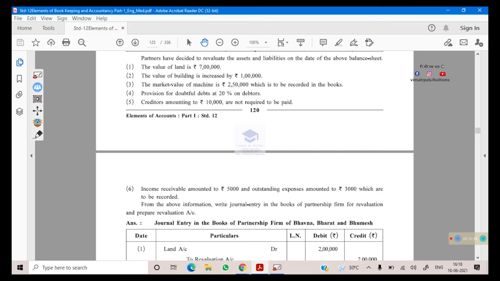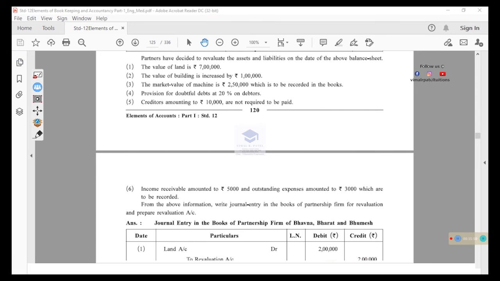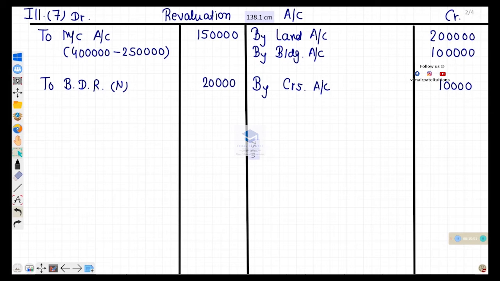Income receivable amounted to 5,000 and outstanding expense amounted to 3,000, which is to be recorded. Income receivable or accrued income, one and the same thing, which is income due but not received.